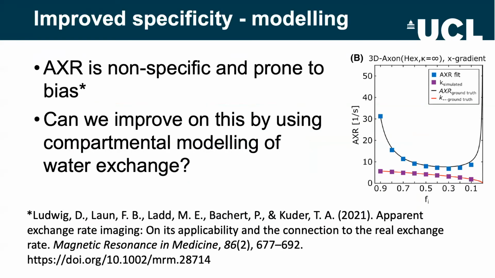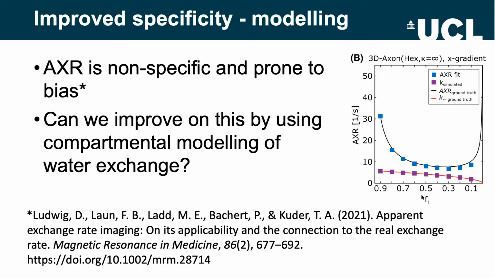Okay, so as I mentioned, though, this AXR parameter is subject to bias. There's a paper that came out last year which looks at some of these different aspects of bias, as illustrated in this example on the right. They weren't looking at the blood-brain barrier, they were looking at cellular exchange, but the principles are the same.